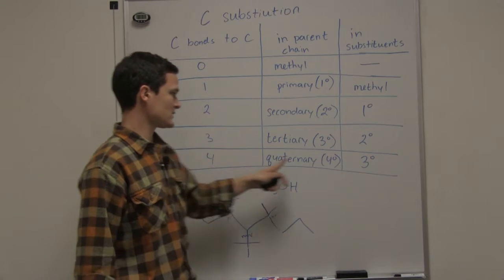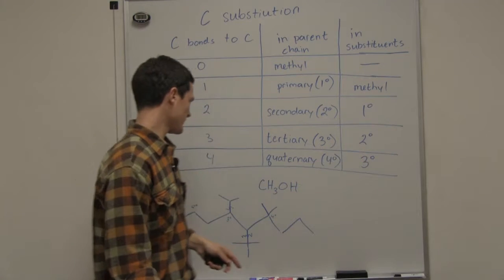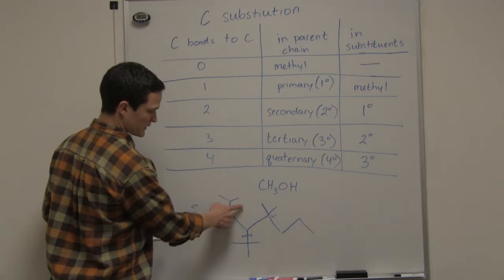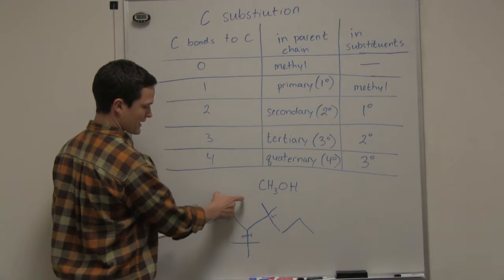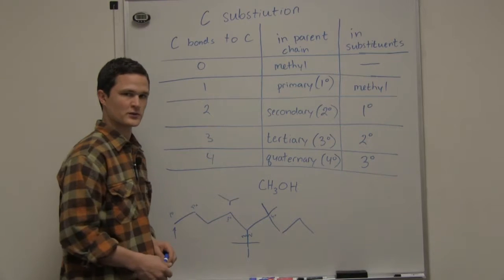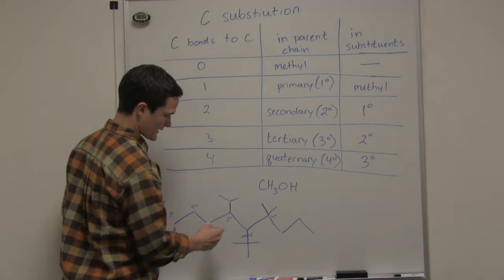When that's the case, it is considered secondary. In the secondary, we kind of pretend like we cut it off from the parent chain, and we say how many is it bound to? It's bound to 2. So that's kind of how we look at that to determine it.